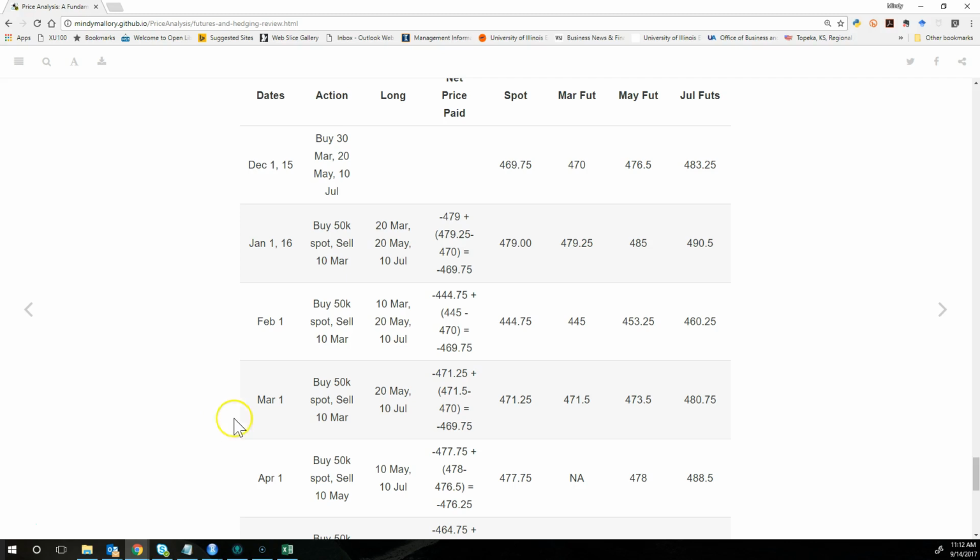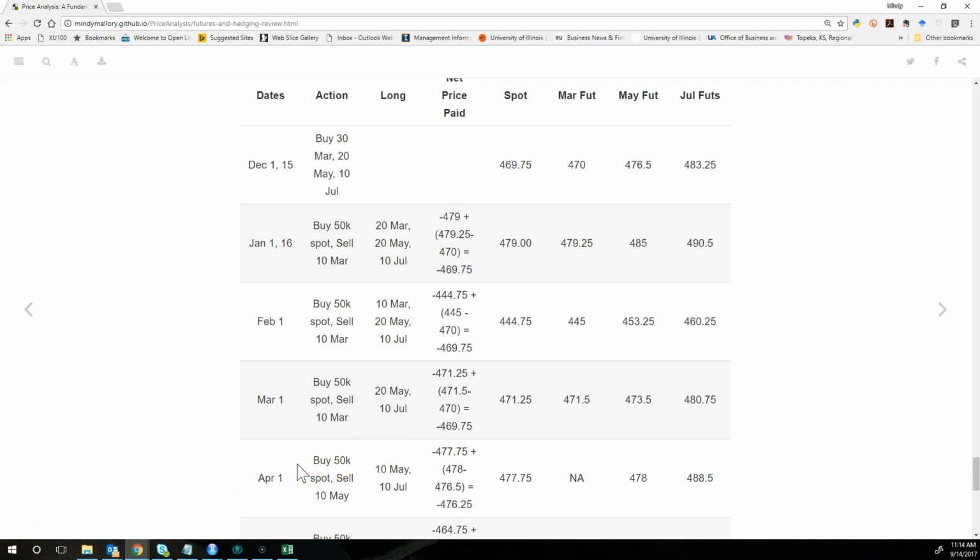Okay, so you can follow along this logic for the March row. I'm going to skip down here to the April row so that we can talk about what happens after that March contract has gone off the board. So notice on April 1st, we've already closed all of our March positions, and now we're buying.